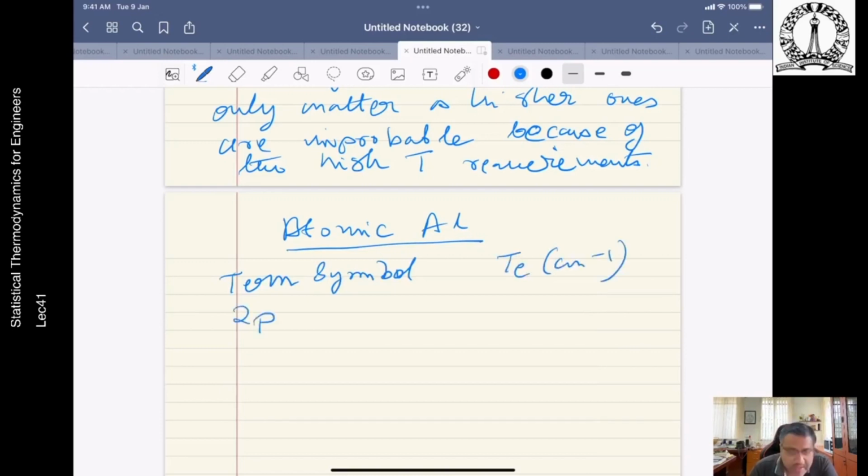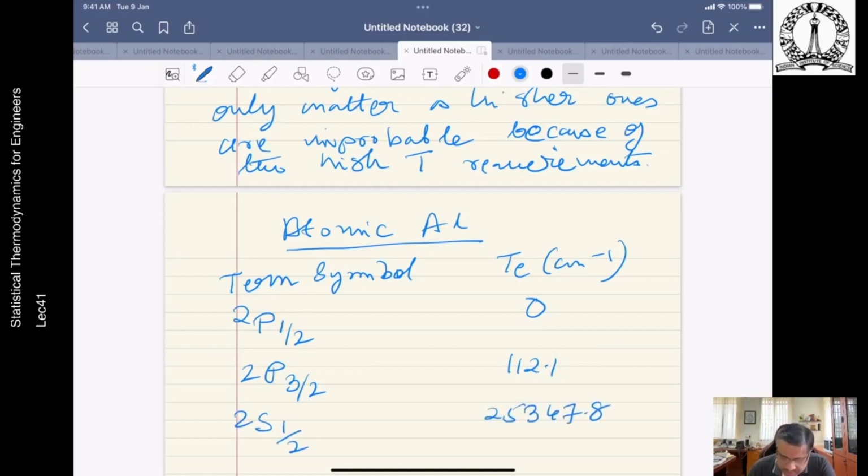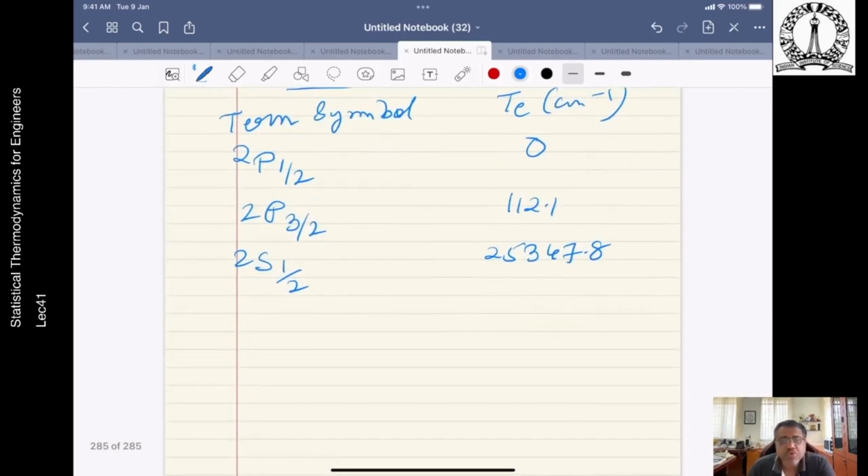You recall the symbols: 2P 1/2, 2P 3/2 is about 112.1, and 2S 1/2 is about 25,347.8. So as you can see, there is a huge gap. Only the first 2 levels are required, because between the second and the third level there is a huge gap, when we calculate the partition function for gaseous aluminum.